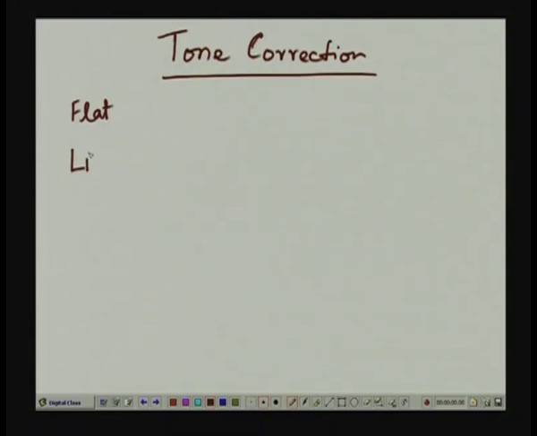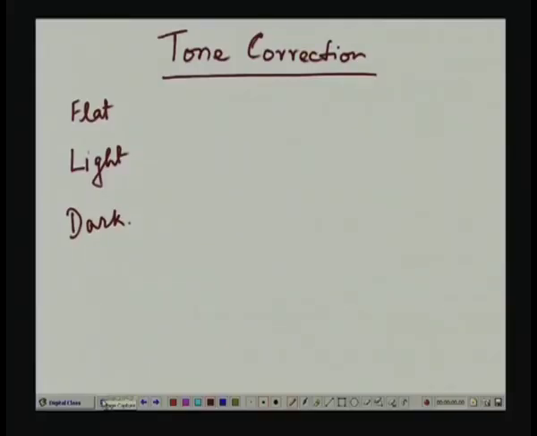In the same manner, for color images, we define the tone. So, a color image may have a flat tone, a light tone, or a dark tone. And these tones are determined by the distribution of the intensity values of different RGB components within the image.